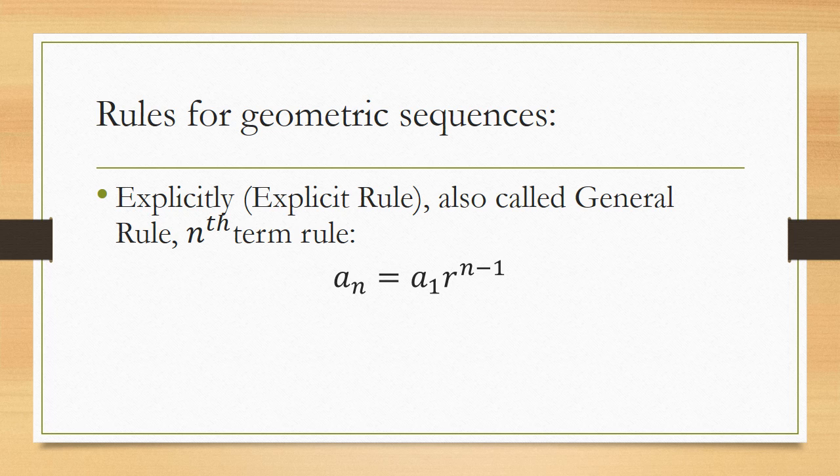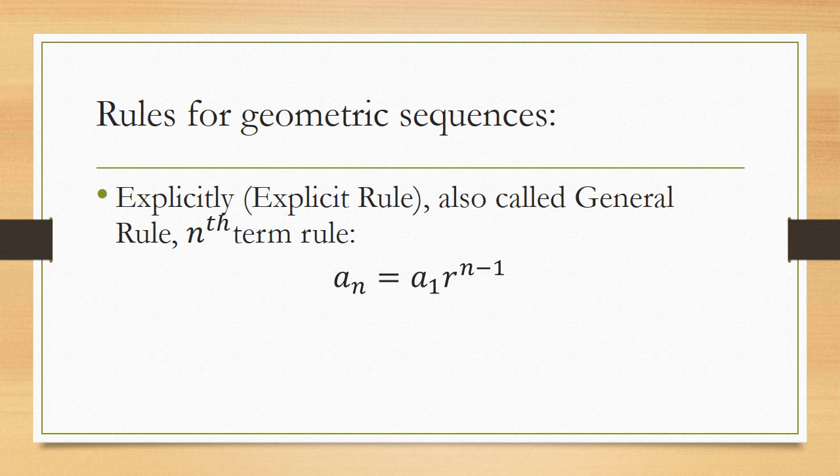This rule is a sub n equals a sub 1 times r to the n minus 1, where a sub n represents any term in the geometric sequence, a sub 1 is the first term, r is the common ratio, and n is the order of the term in the sequence.